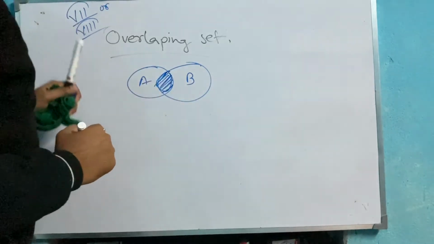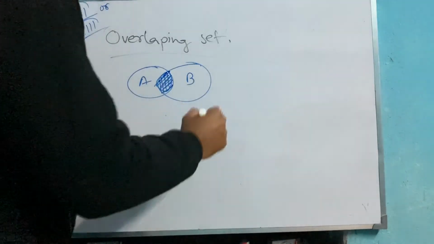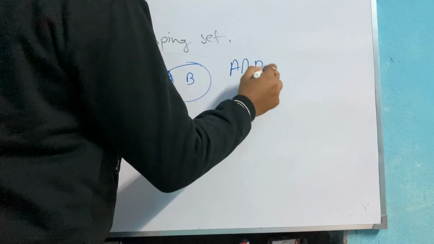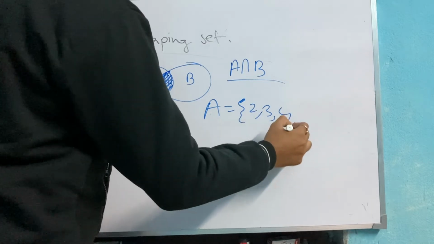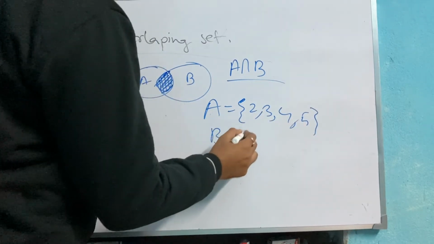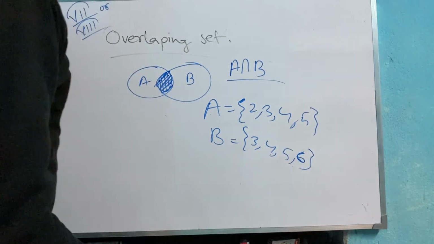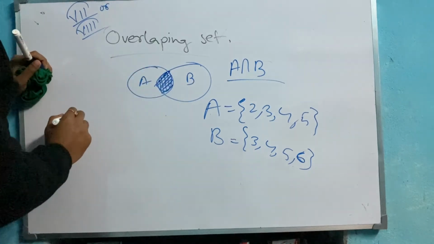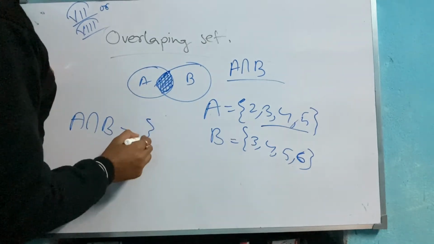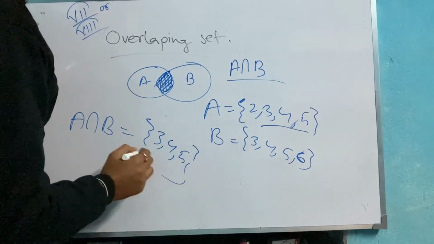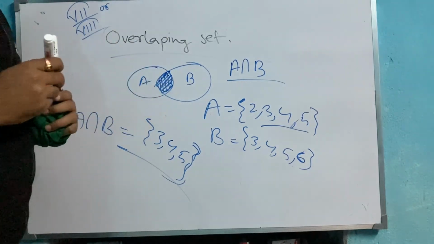So this type of set is called an overlapping set, and it is written as A cap B. If A equals 2, 3, 4, 5 and B equals 3, 4, 5, 6, what will be the overlapping set of these 2 sets? That will be A intersection B, which is 3, 4, 5. This is the intersection of these 2 sets, and this is called the overlapping set.